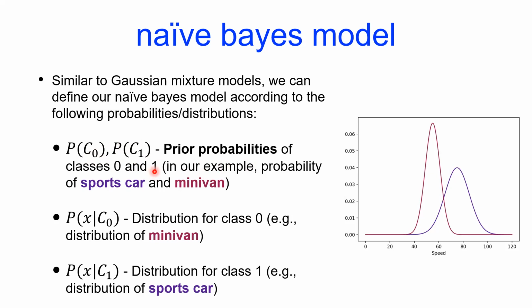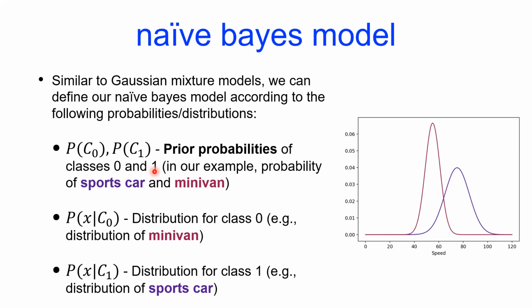We have this term in our Gaussian mixture model too, because remember, we use pi 1, pi 2 to define it. Although there we call it a weight, it is essentially the probability of a particular class appearing.